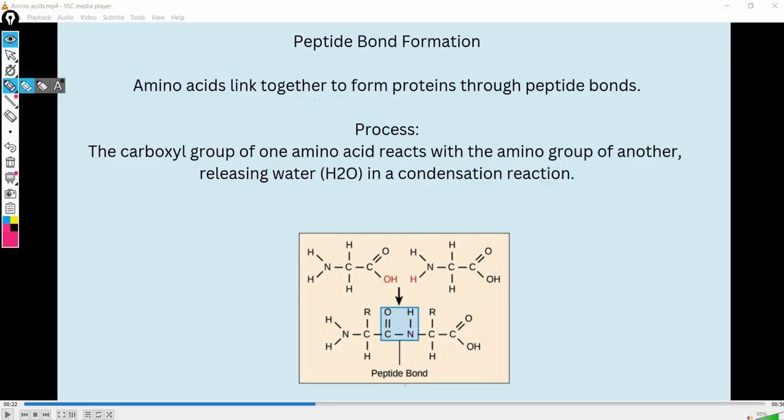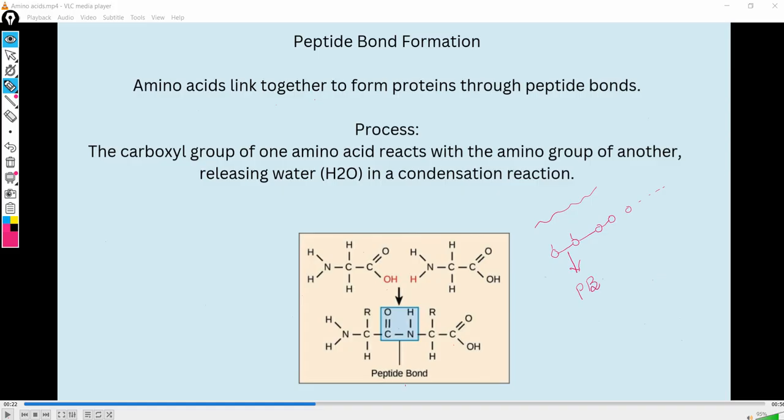Now, what is this peptide bond? This is a protein chain formed of a number of amino acids, and these two amino acids should be held by a certain kind of force. The thing which is linking these two amino acids is the peptide bond.